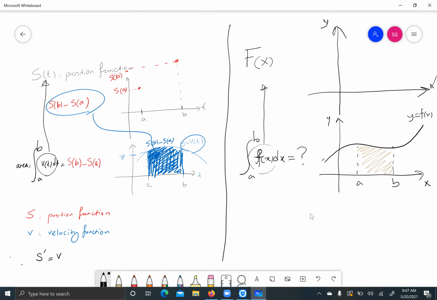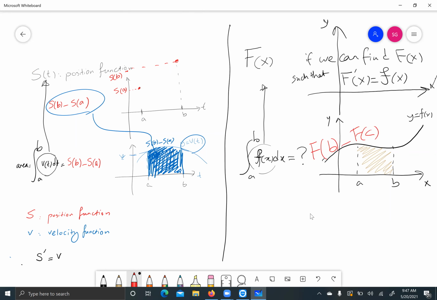If we can find a function F such that when you take its derivative it gives you the function f, then in that case, we know that this can be obtained by F of b minus F of a.